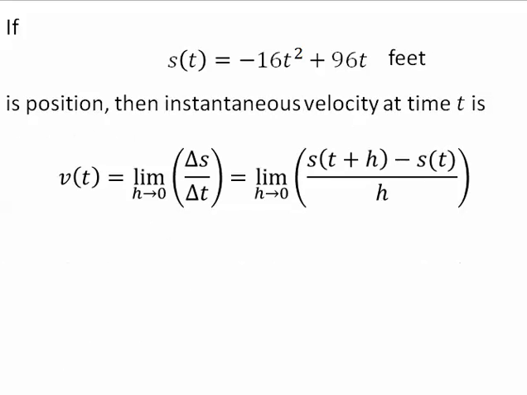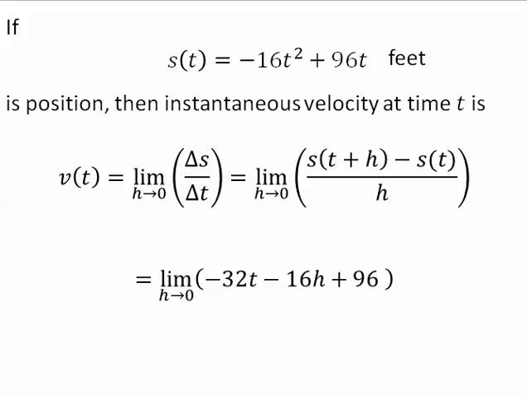So if s is our position, then instantaneous velocity will be our average velocity with h getting smaller and smaller. And for this particular position function, our average velocity is negative 32t minus 16h plus 96.